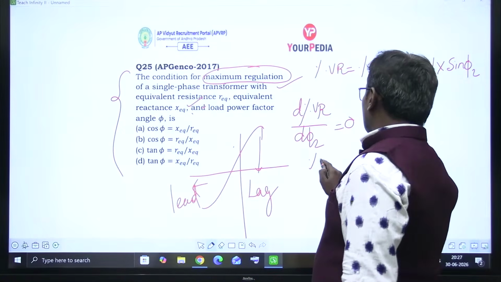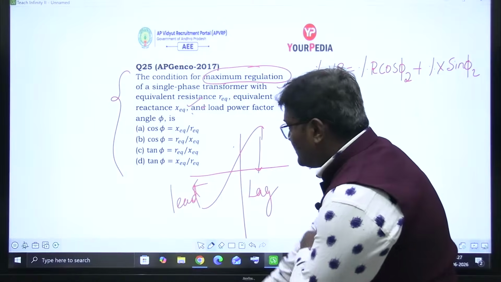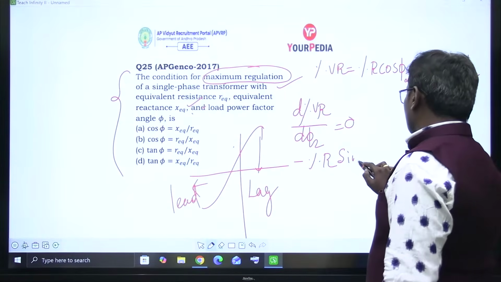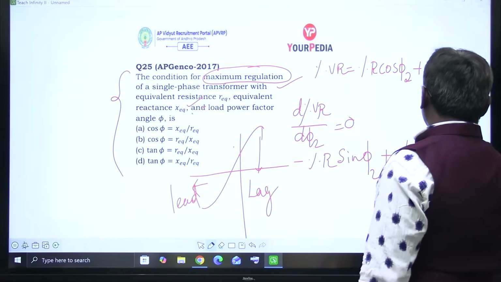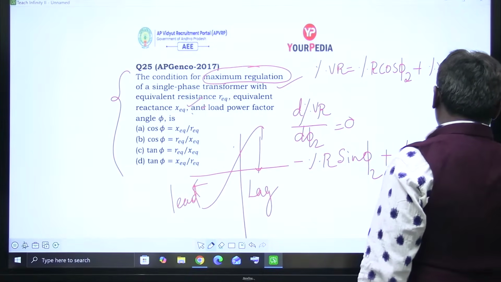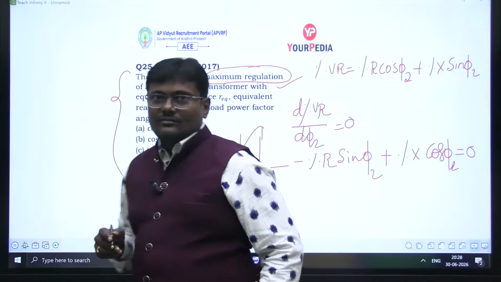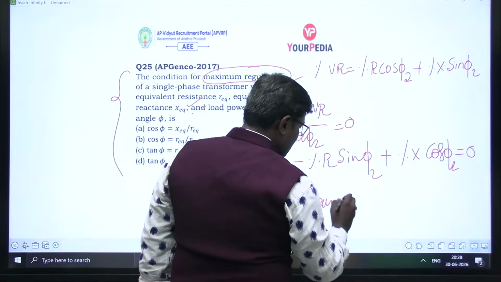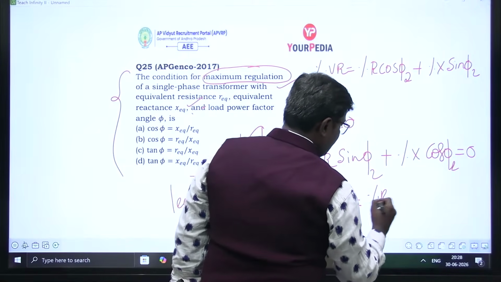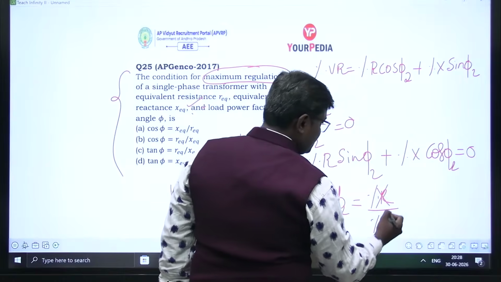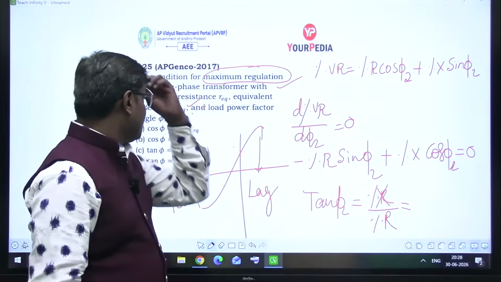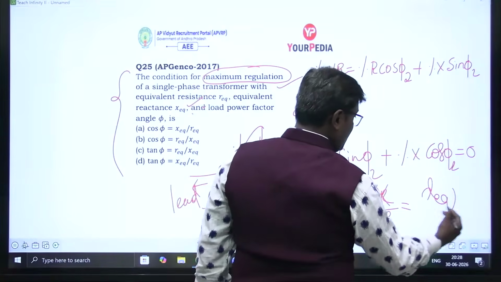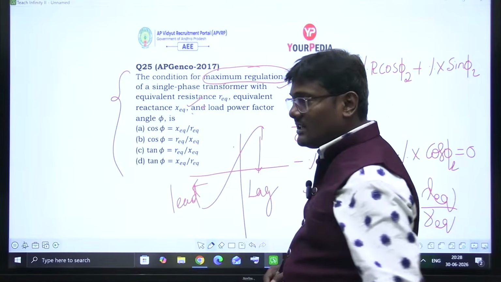So percentage R times the differentiation of cos phi 2 is minus sin phi 2, plus percentage X times the differentiation of sin phi 2, which is cos phi 2, equal to 0. Here tan phi 2 is equal to percentage X by percentage R, that is X equivalent by R equivalent.